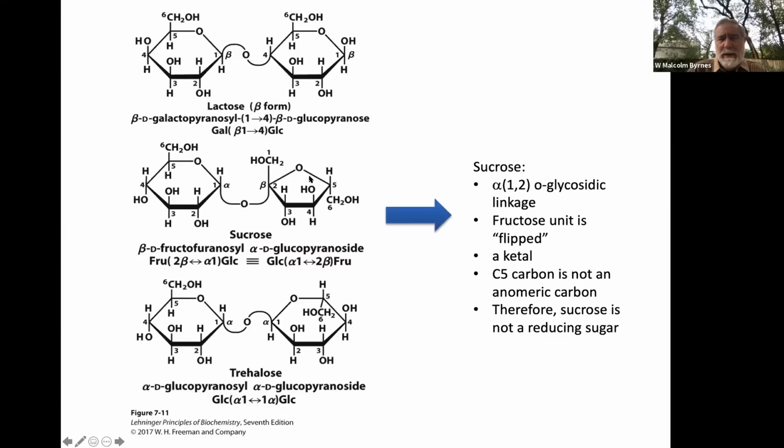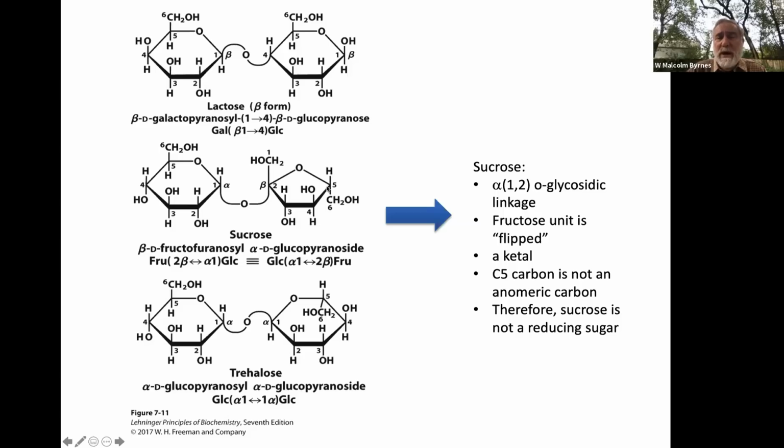And now, sucrose is not a reducing sugar, okay? Because this carbon, which would have been the anomeric carbon, is tied up in forming this linkage here. Is that an acetal linkage, or should I have said a ketal linkage? But at any rate, it is an O-glycosidic linkage, okay?